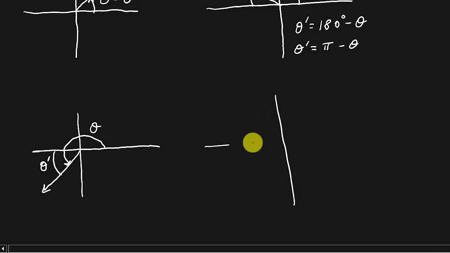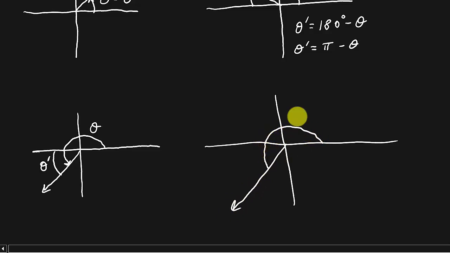Well, look at this. Let's draw this. So let's see, we're going to draw all the way to here. Remember, this whole thing here, all the way around, that's theta. You see that? And this little piece here is theta prime.